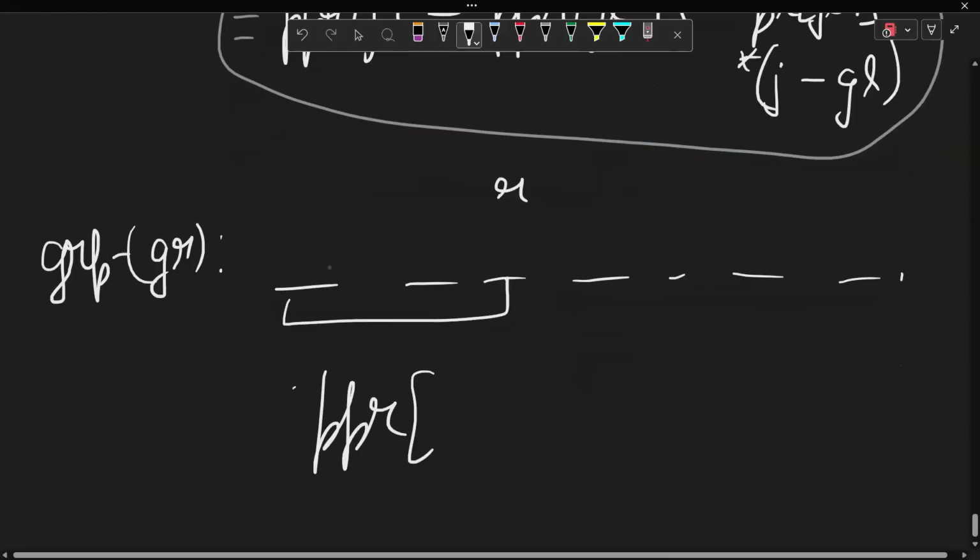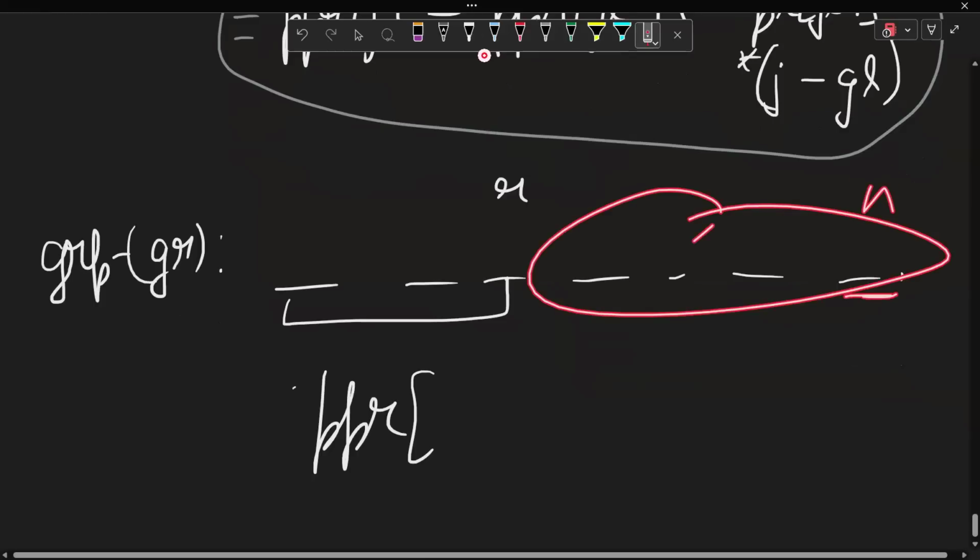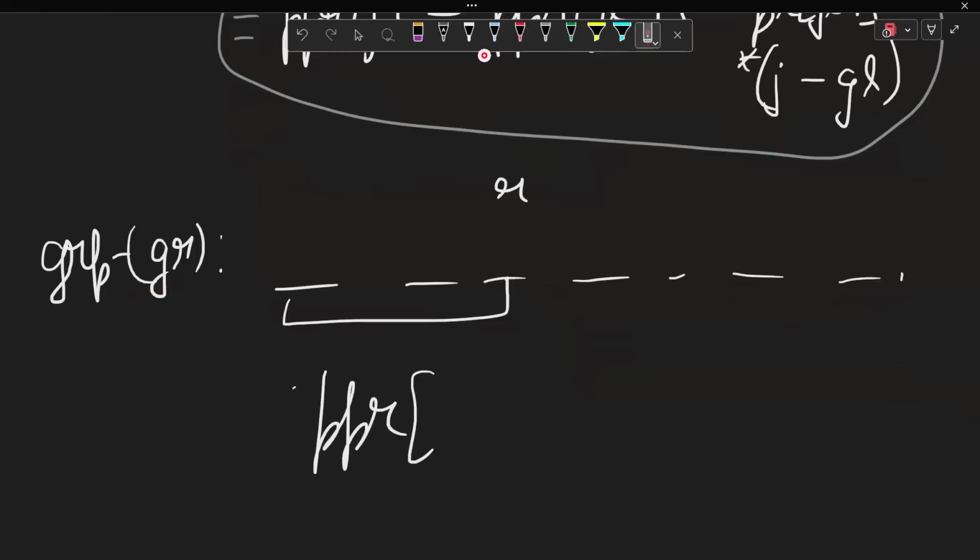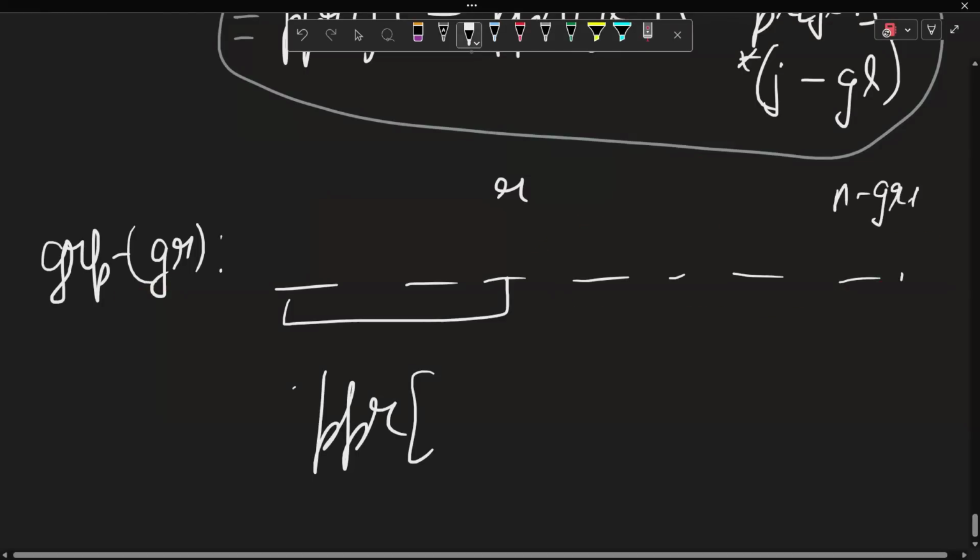If you want to compute for this range, PPR of this minus 1. The last element for group GR would be n minus GR plus 1, because for group 1 it would have n elements, so n minus 1 plus 1 would be n. For group 2, it would have n minus 1 elements. For group 3, n minus 3 elements. So this would be the last index.